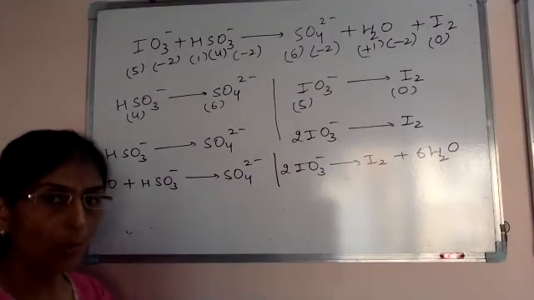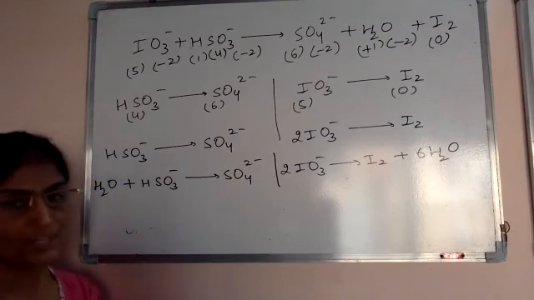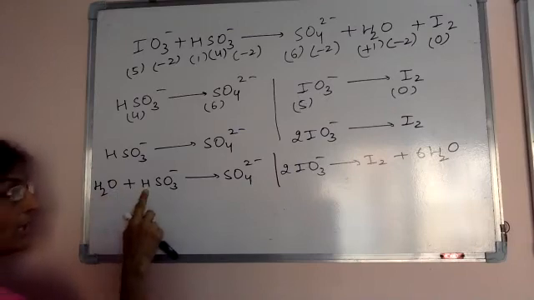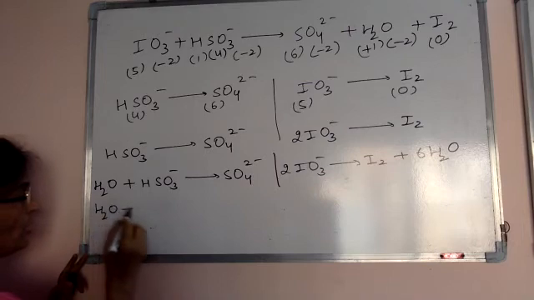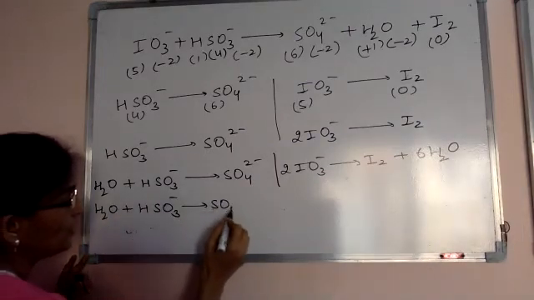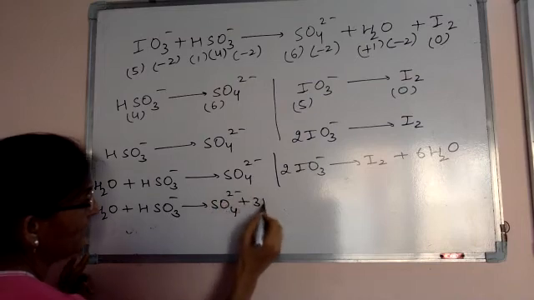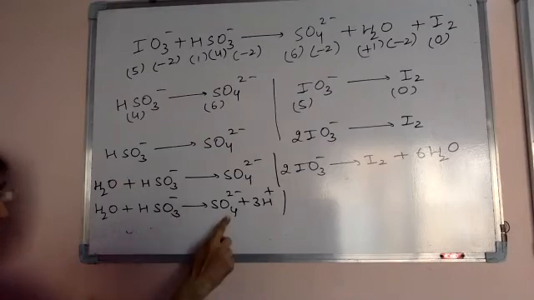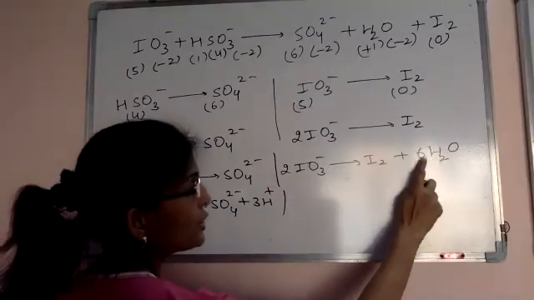Okay. Now hydrogen balance करने के लिए H plus add करना है. यहाँ पे hydrogen है 2 और 1, 3. So 3H plus this side. H2O, HSO3 minus gives SO4 2 minus, 3H plus. Why we are adding 3H plus? Because here 3 hydrogen atoms are there और यहाँ पे नहीं. इसमें कितना होगा? 12H.